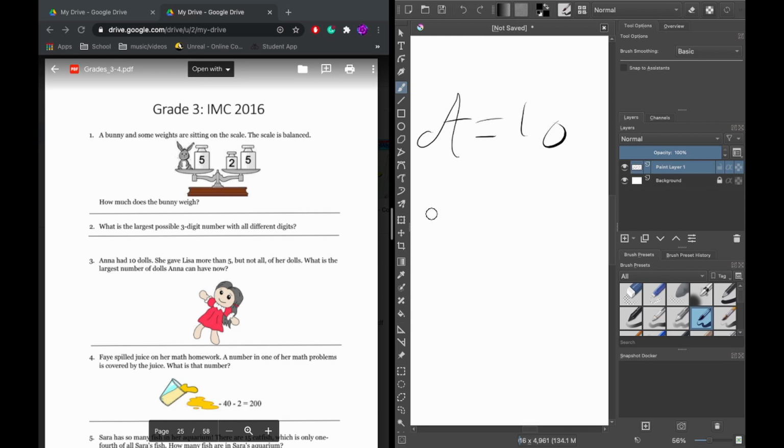And then we have also Lisa, which has greater than 5, but not all. Greater than 5 but less than 10. So we know that's greater than 5 and less than 10.